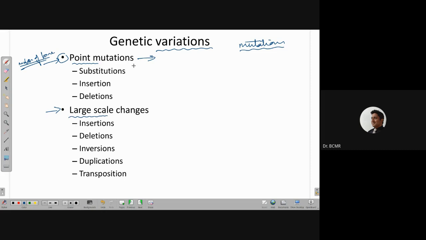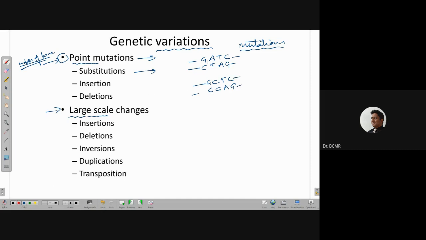Point mutations can be substitutions. Say for example, GATC, CTAG, this is a double stranded DNA, and if there was a change, there is a change in this sequence.